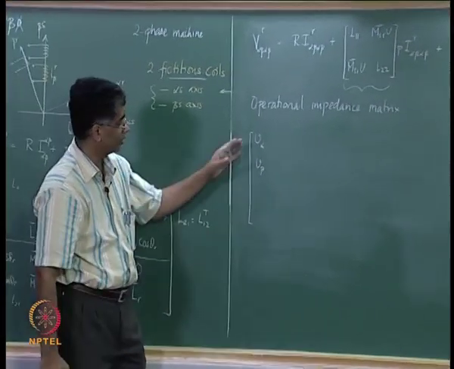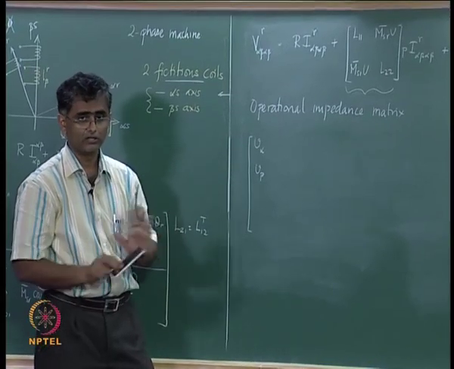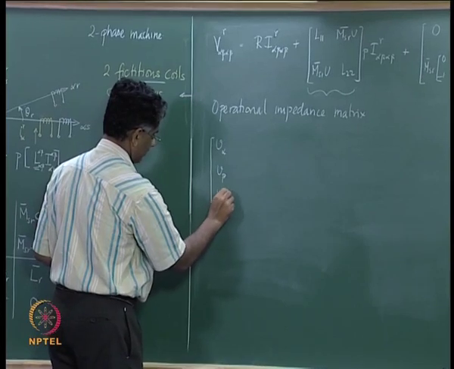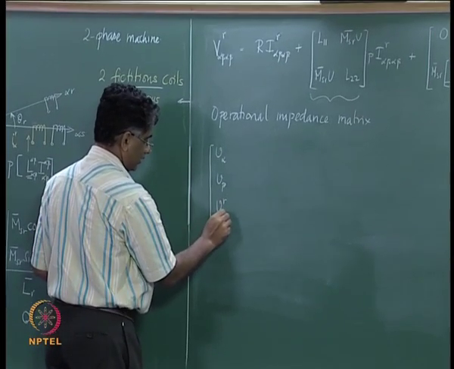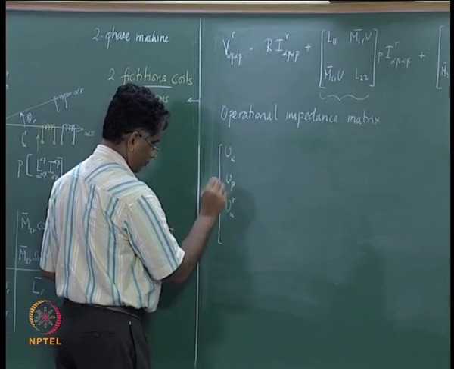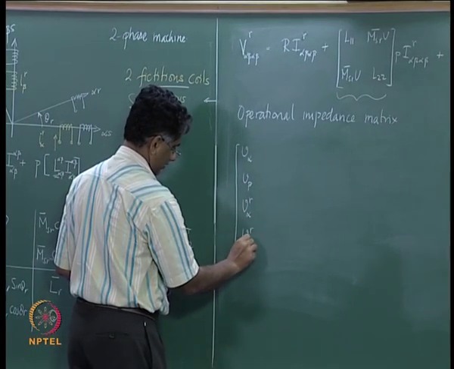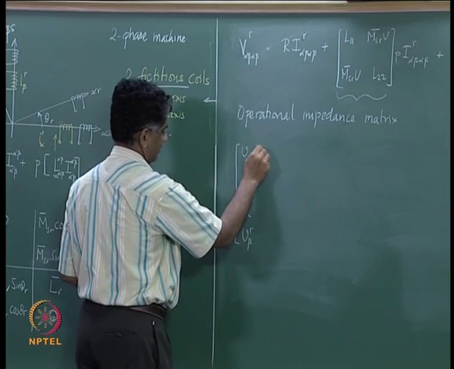Remember, the stator variables have been retained as they are, no transformation to the stator variables, and then you have Vr, the rotor variables, which have been transformed on the one hand to the alpha axis of the stator and on the other hand to the beta axis of the stator.